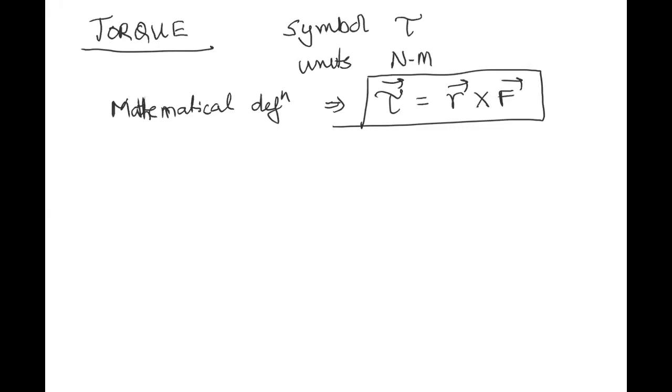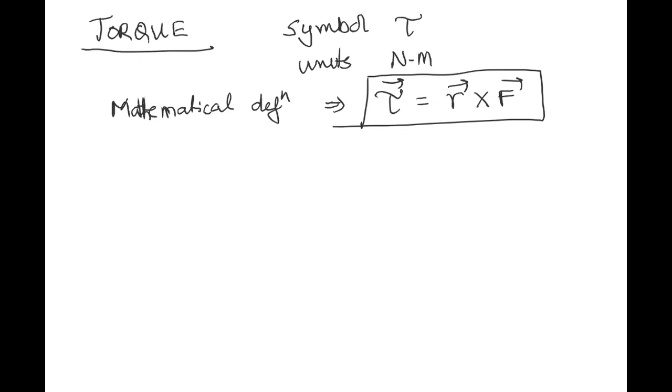You have to apply more force. As you keep on moving towards the hinge, you have to apply more and more force. And when you are at the hinge, when you apply a force on the door at a corner which is on the hinge, then you will find that no matter how much force you apply, the door will not open.